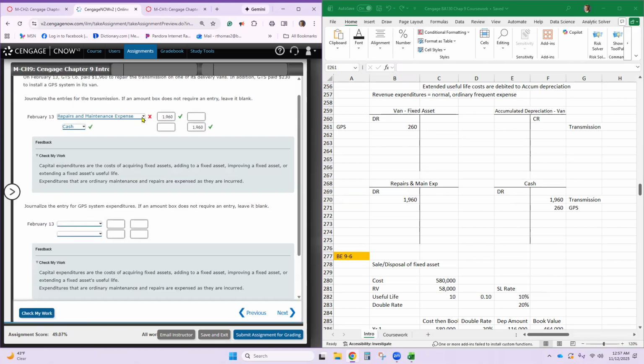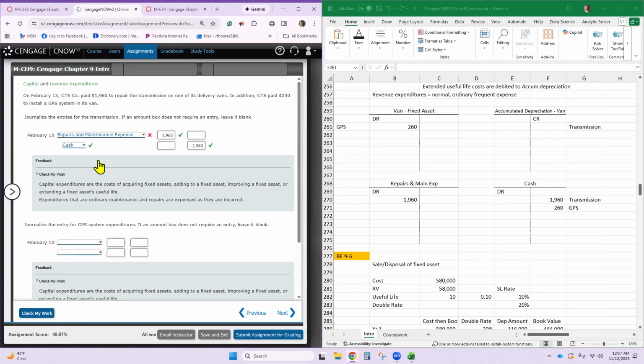Okay. Actually, this is actually going to, I had this right the first time. Okay, this is a delivery van. Sorry about that.